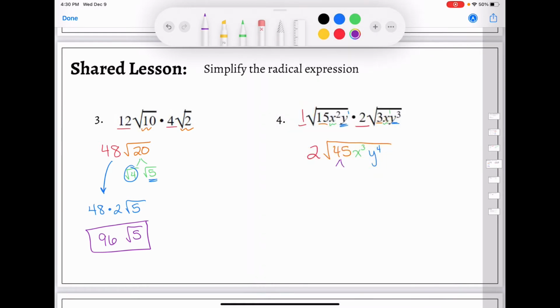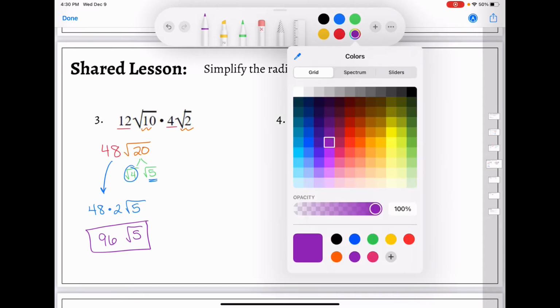Square root of 45 would break into square root of 9 and the square root of 5. Let's see, x to the third, that is not a perfect square because the exponent is odd. So I break that into the square root of x and the square root of x squared. Y to the fourth, though, that is a perfect square because that is an even exponent. All right, so let's see what we have.